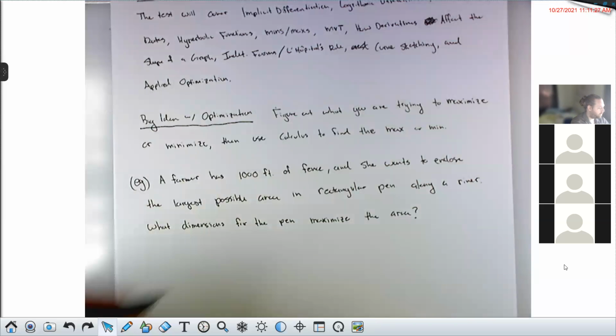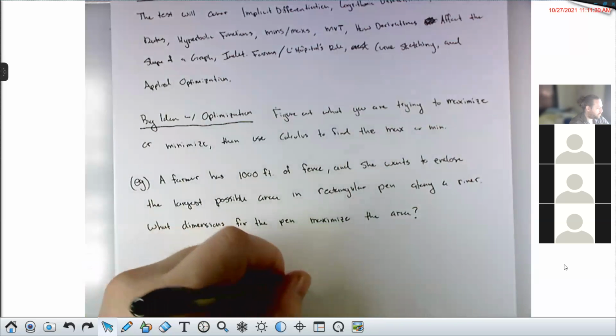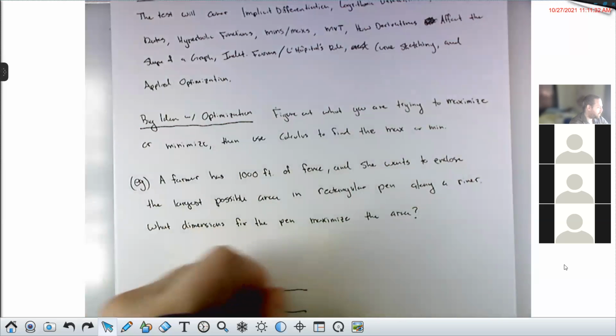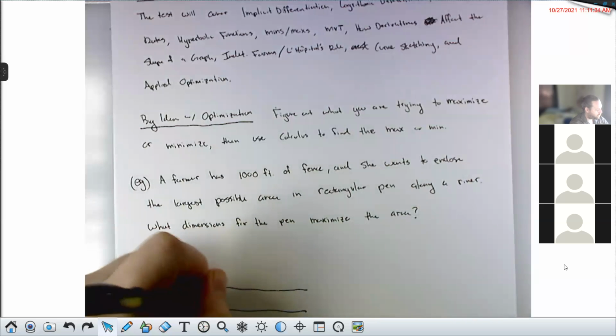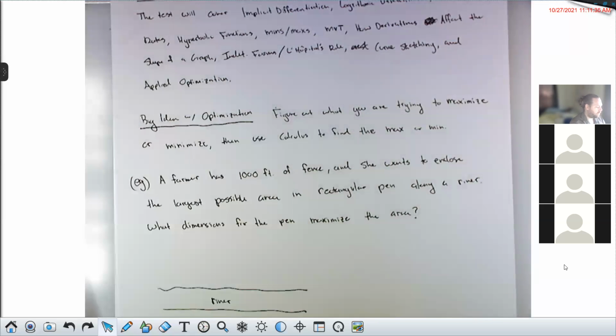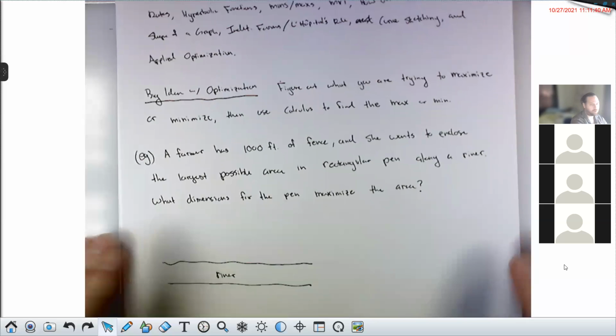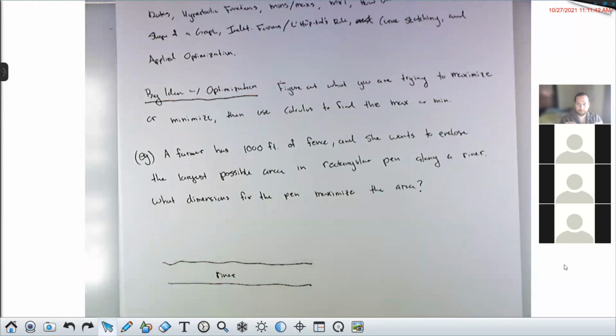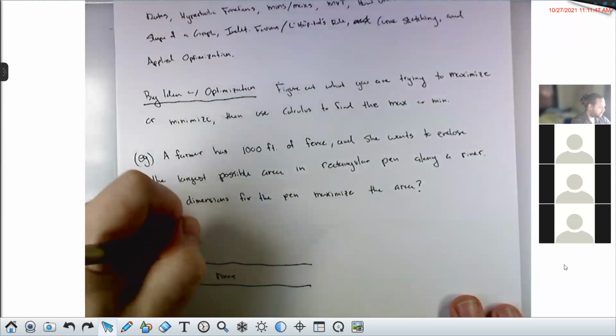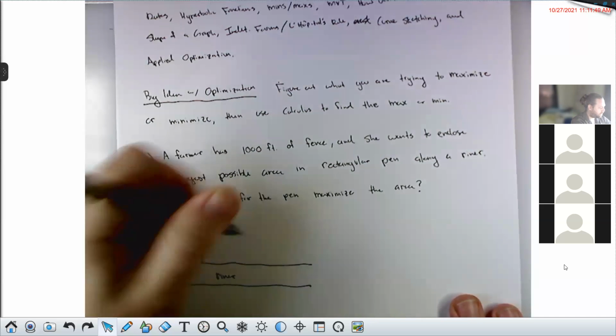All right, this is a real world thing. These problems actually exist. So I think it's useful to draw a little picture. Here's my river. And on one side of this river, my farmer is going to try to build a little pen, a little paddock to keep her animals in. Something like this.